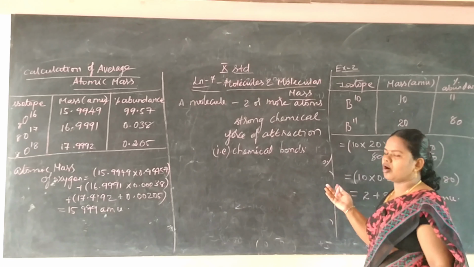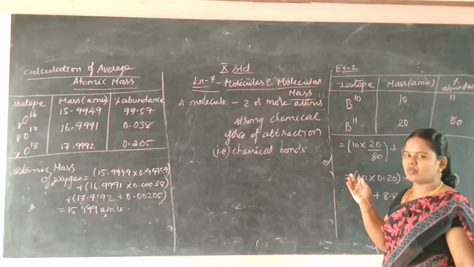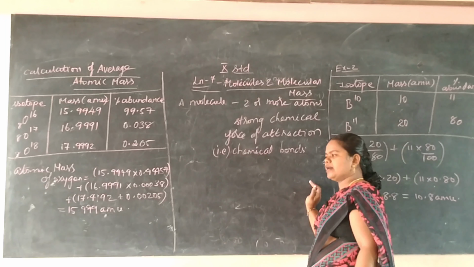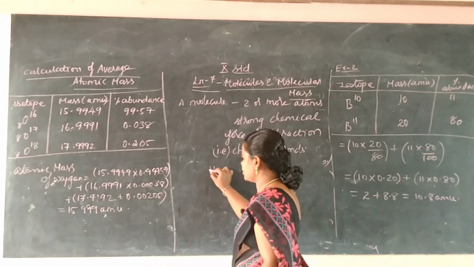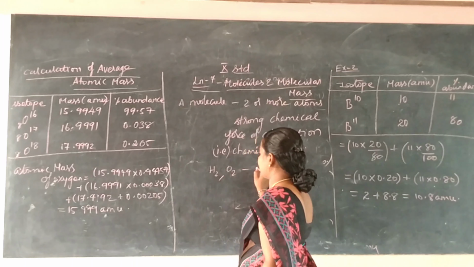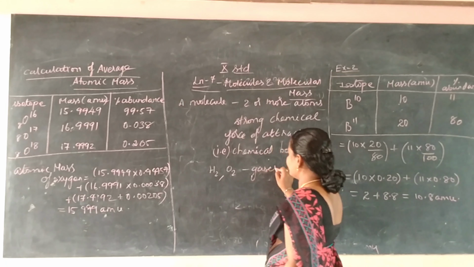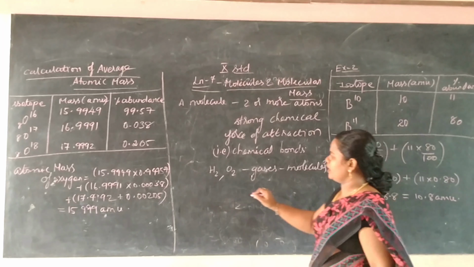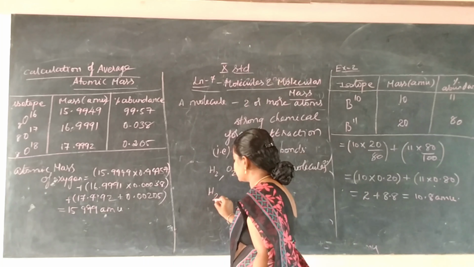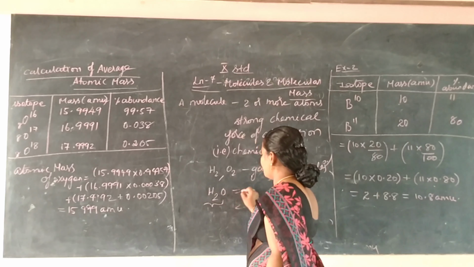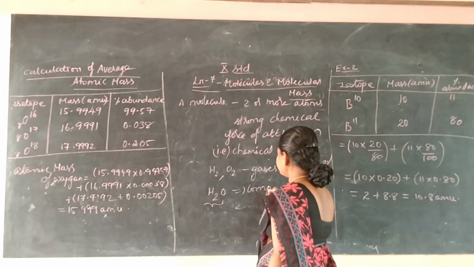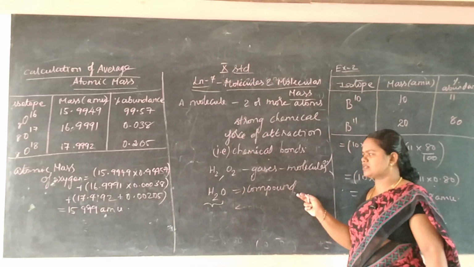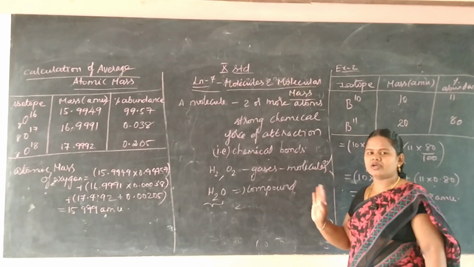Here, all compounds are molecules, but all molecules are not compounds. Why? It is not explained in the book. For example, hydrogen and oxygen exist as gases, and those are examples of molecules. Whereas hydrogen and oxygen combined in this way is a compound.